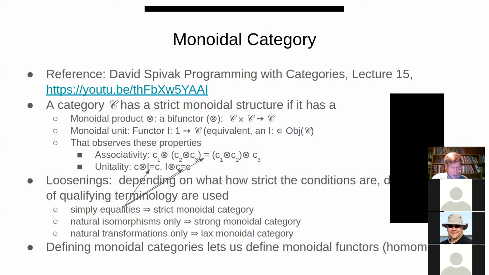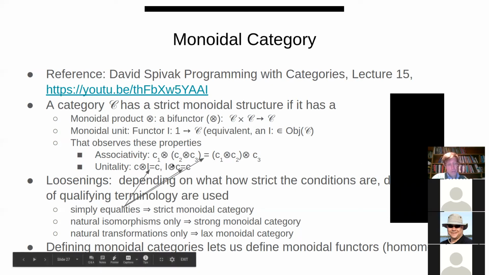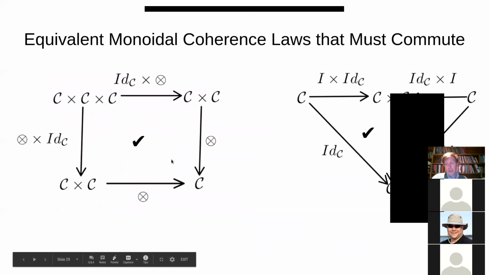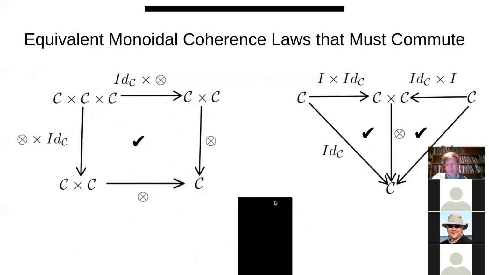And it turns out that defining monoidal categories lets us define monoidal functors. And then they have to observe some laws which basically are associated with these constraints. These have to commute. You have to be able to go around these in any order, and I won't go through them now.